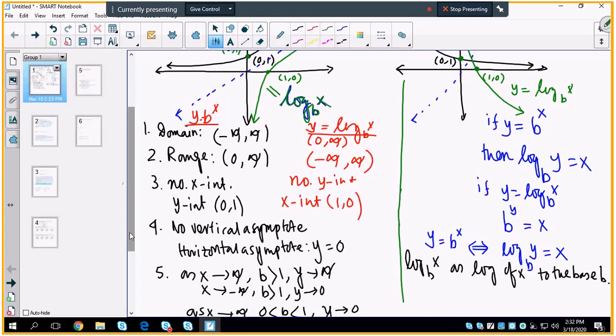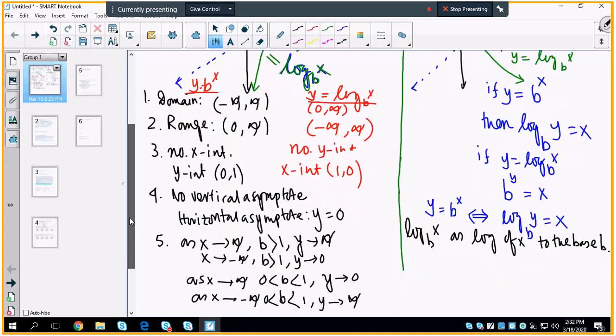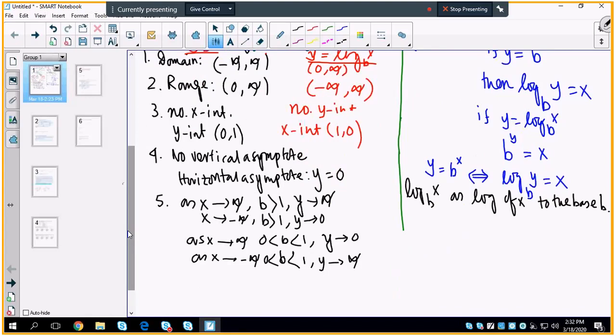Asymptotes. Remember, there is no vertical asymptote for exponential functions, so there is no horizontal asymptote for the logarithmic function. No horizontal asymptote. Whereas there is a horizontal asymptote for exponential.